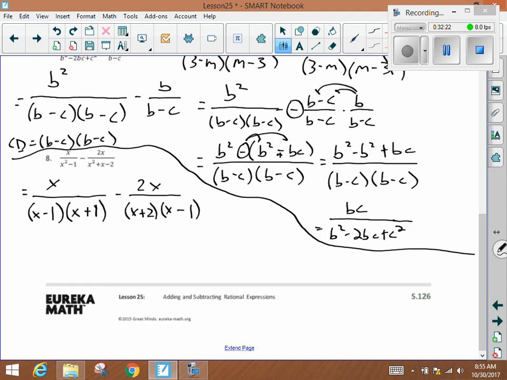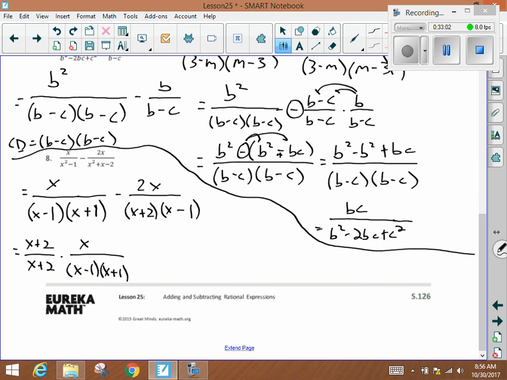So my common denominator is going to be x plus 1 times x plus 2 times x minus 1. It'll all work out in the end there. Cool. So in order to get that, I'm going to have to multiply this one by x plus 2 over x plus 2, times x over x minus 1 times x plus 1.